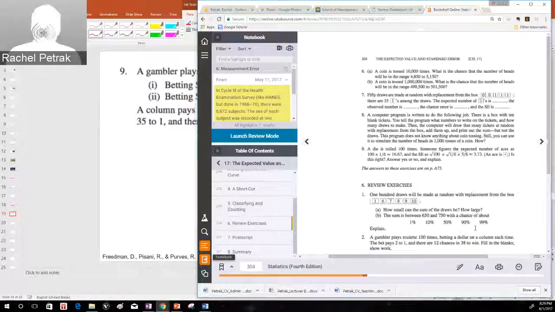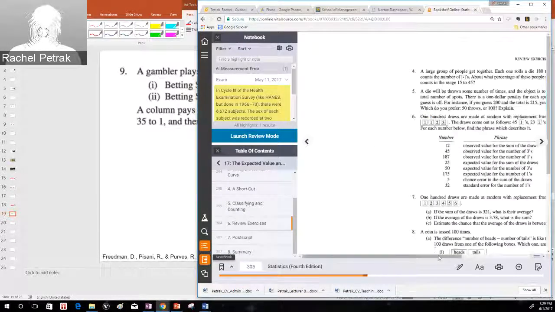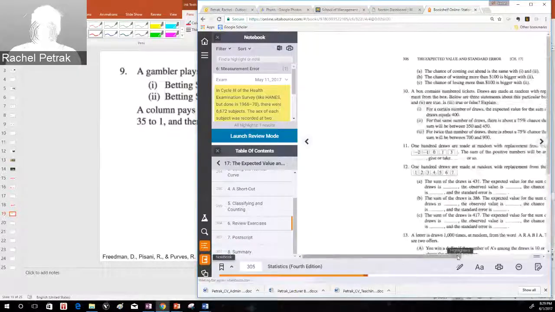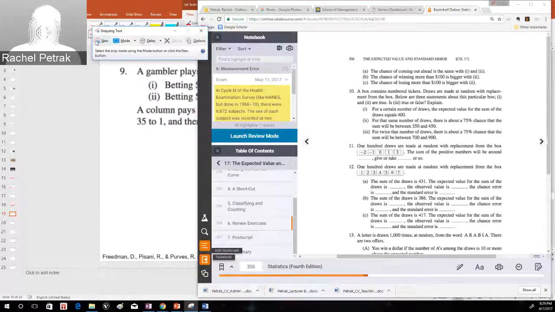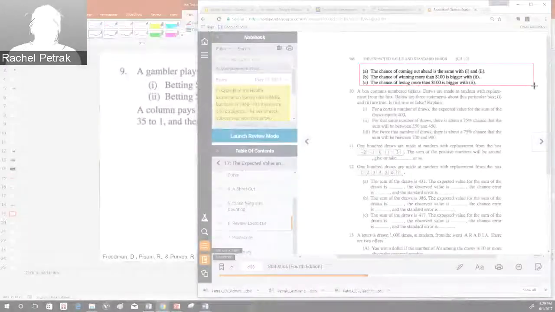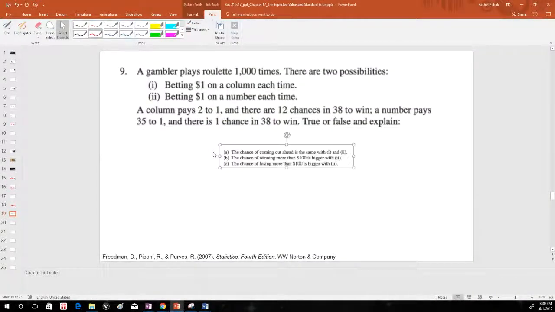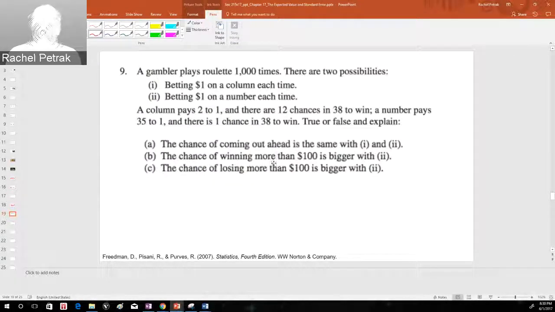I solved these in my book, and then I just copy over this material for our slides. Sorry about that. I obviously do a ton of copying and pasting.